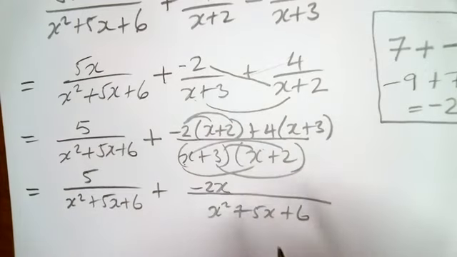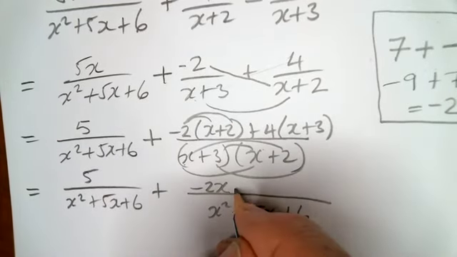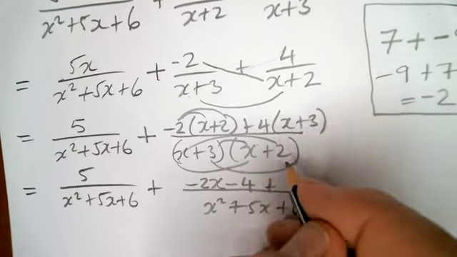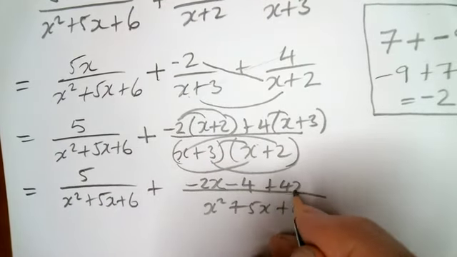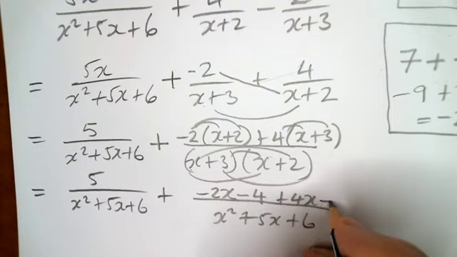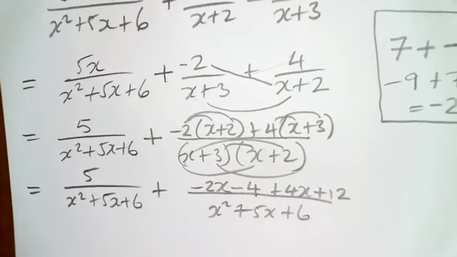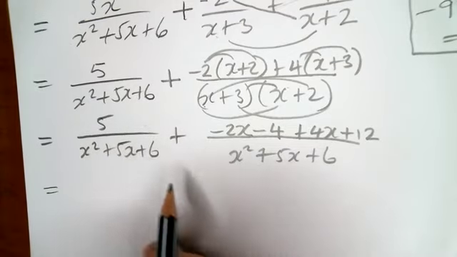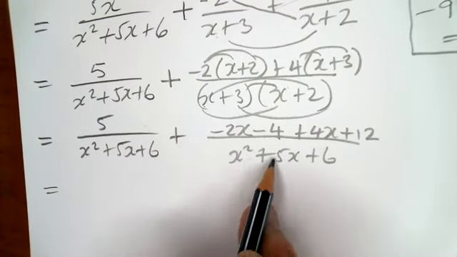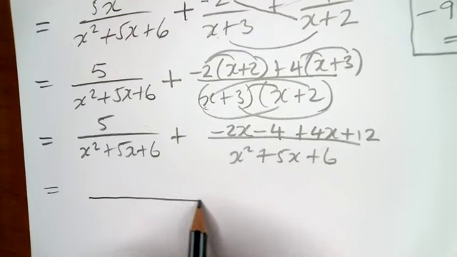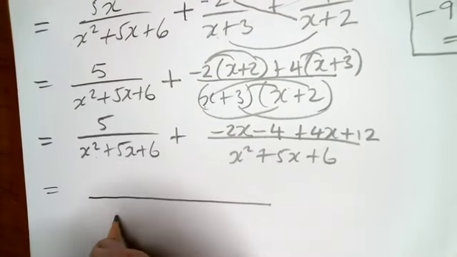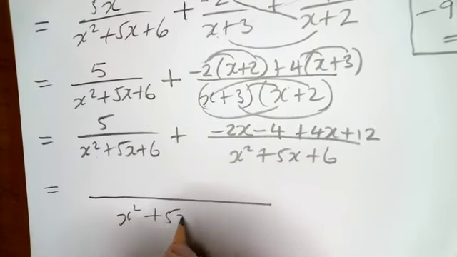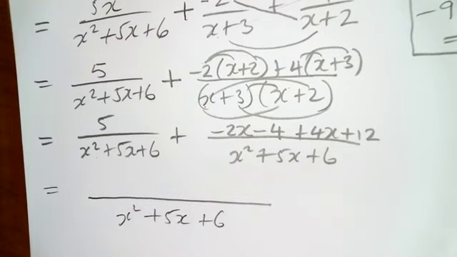Negative 2 times positive 2 is going to be negative 4. Then I've got a plus 4 times x is 4x, and 4 times 3 is plus 12. All right, let's simplify all that lot. Now we've got the same denominator, so I can just use a long vinculum. There it is. I put my x squared plus 5x plus 6 on the bottom.